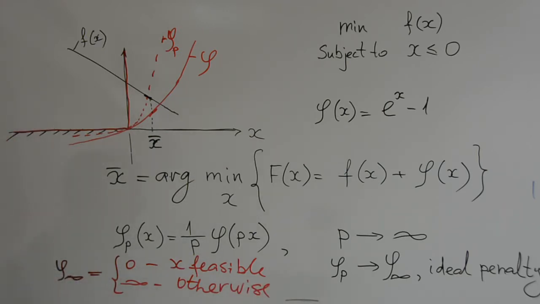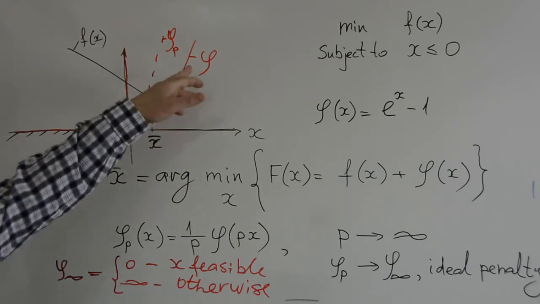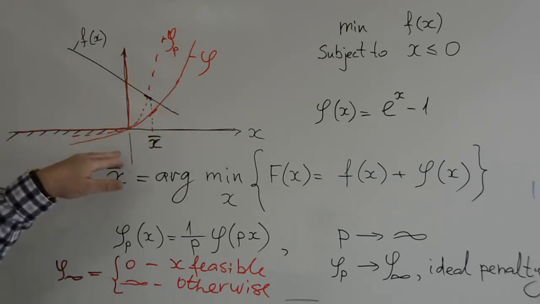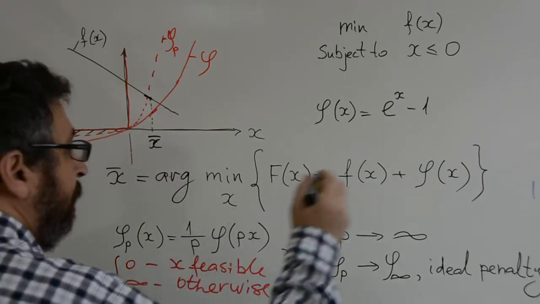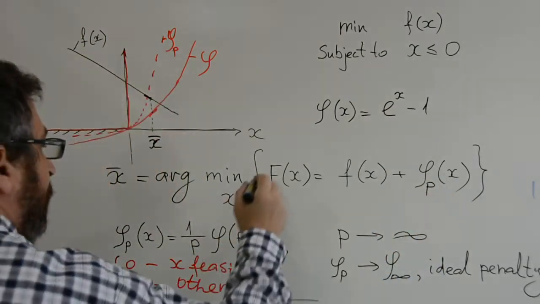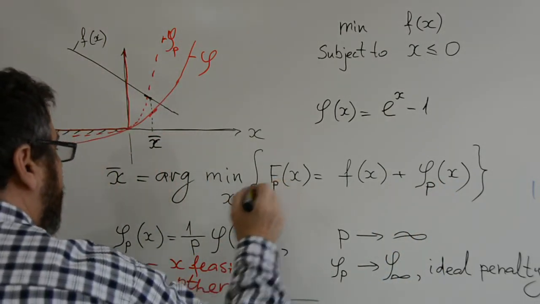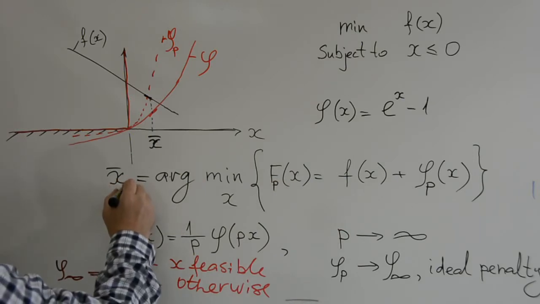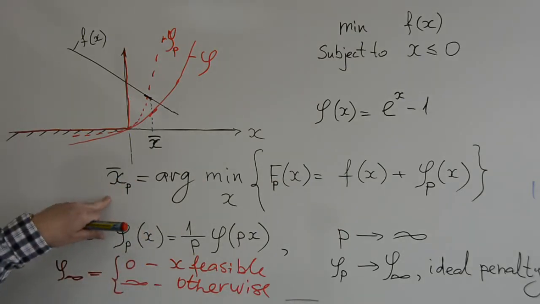So, our strategy is very simple. We start with some moderate value of p, we minimize our penalty aggregate from this parameterized family of functions, and the minimizer x p will be an approximation of the solution of our problem.